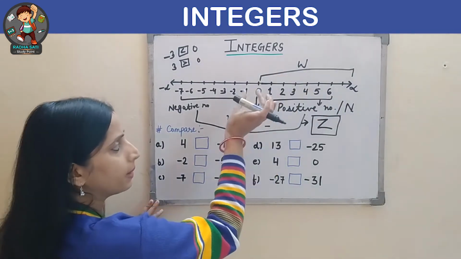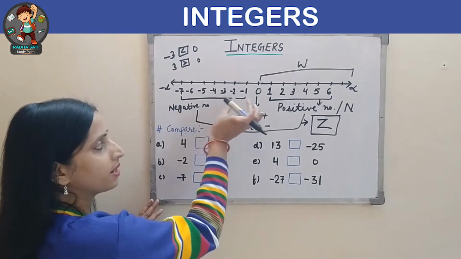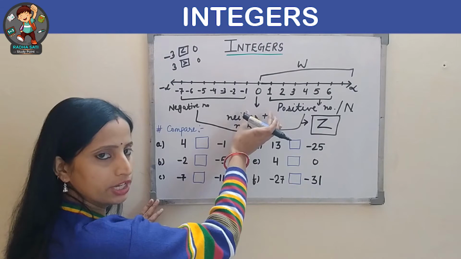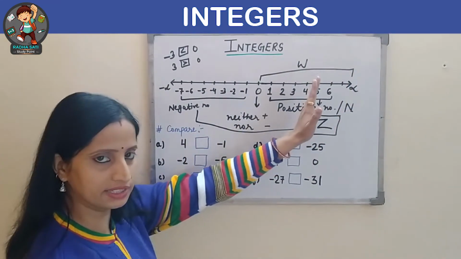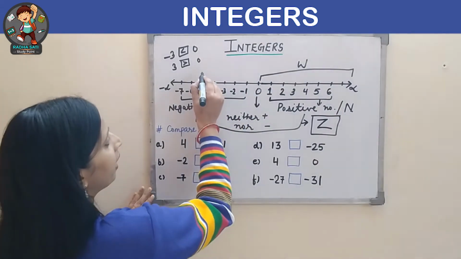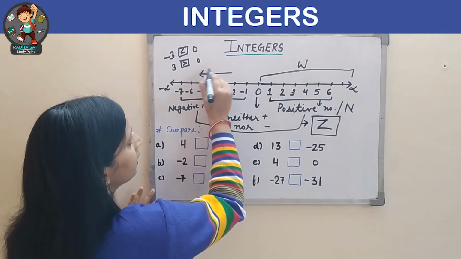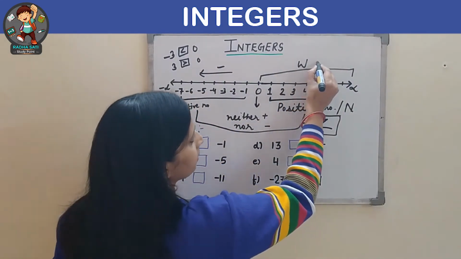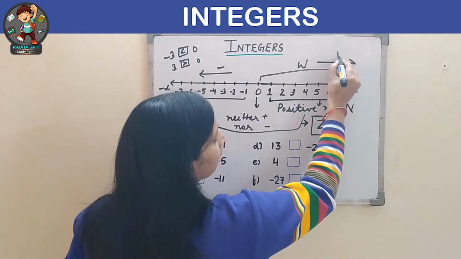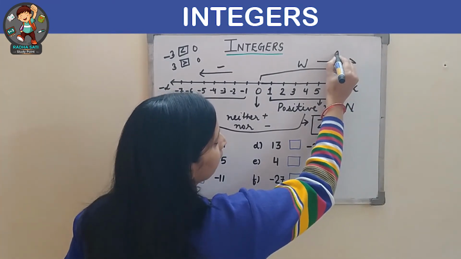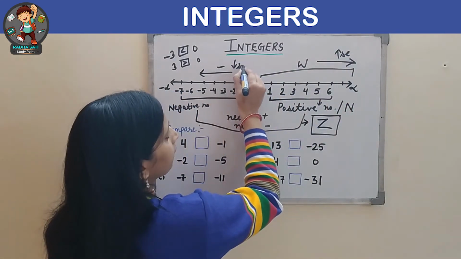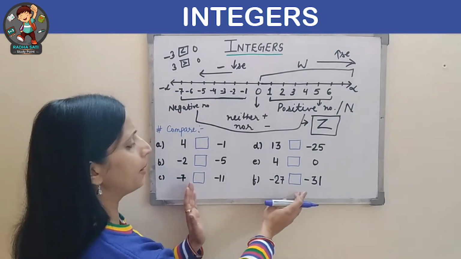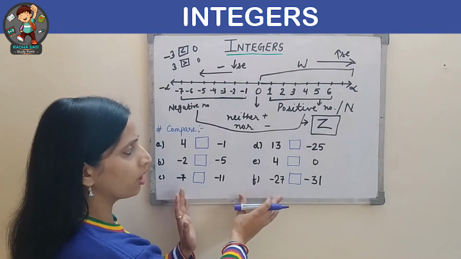So all the positive numbers are greater than 0, negative numbers are less than 0. As we move rightwards, the value of integers increases. As we move leftwards, the value of the integers decreases. Okay. This symbol is for increasing, this symbol is for decreasing. Following examples will make this concept more clear.